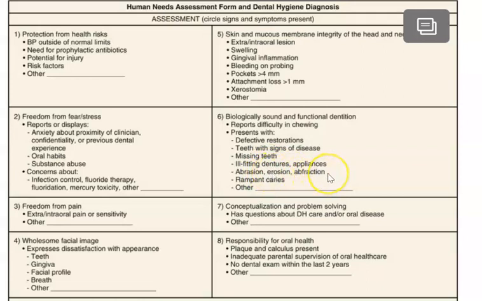Maybe they're aggressively toothbrushing and it's causing some of these things. Maybe they're grinding like crazy and it's causing attrition. Rampant caries, so they have cavities everywhere. Again, anything teeth related, anything that you see happening on the teeth is biologically sound and functional dentition. Their teeth are not sound, and so we need to address that.